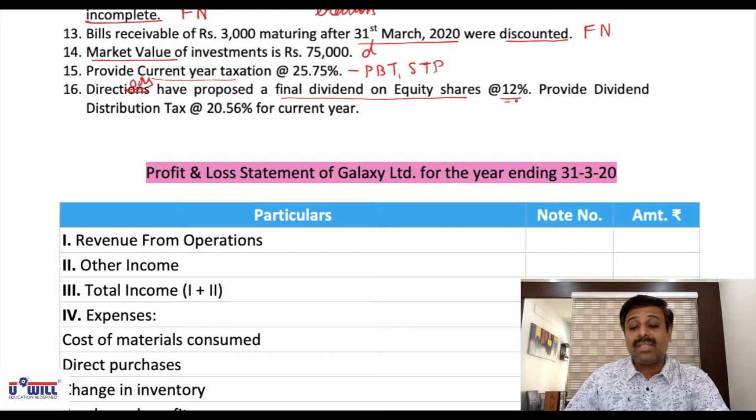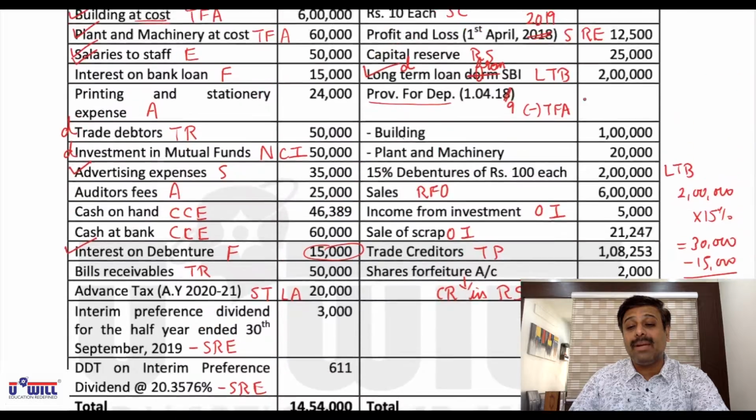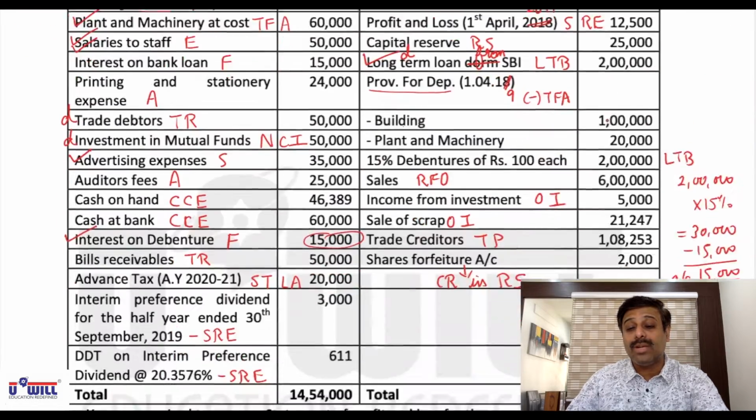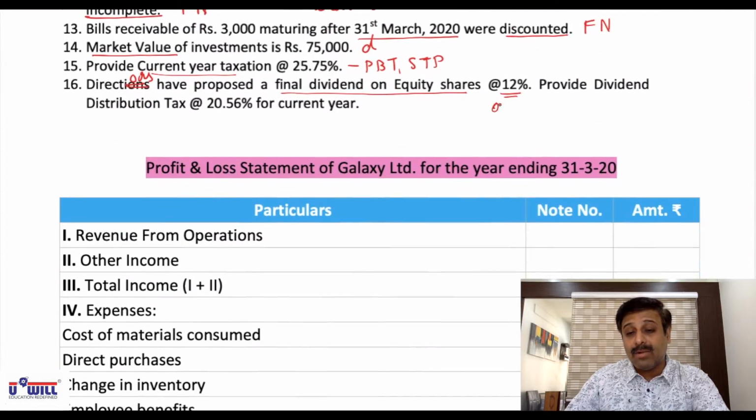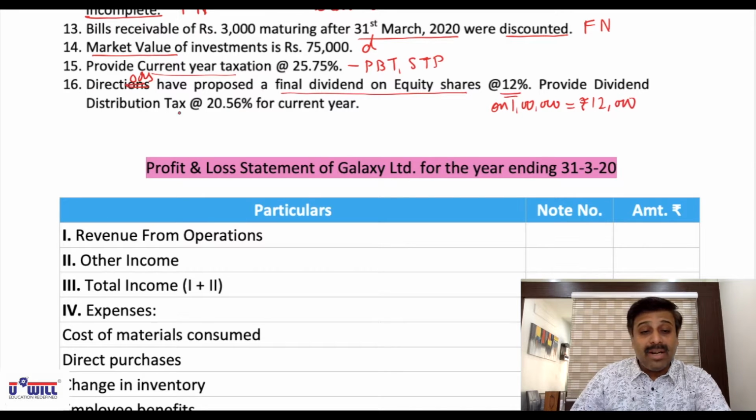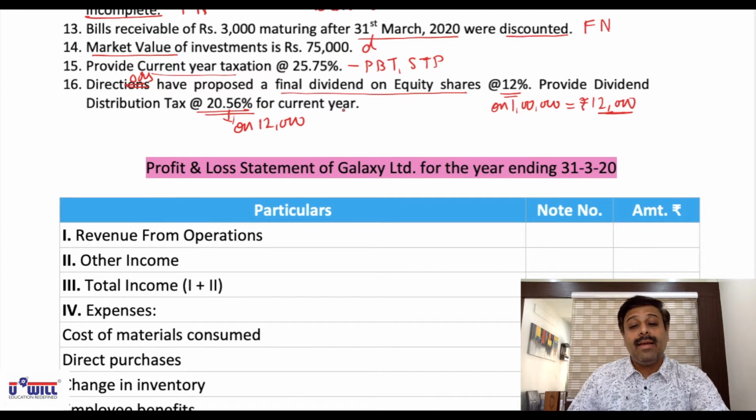So this 12% we will count on which amount? Share capital amount, that is 1 lakh rupees. Okay, 12% dividend will be counted on 1 lakh rupees, that will come to 12,000 rupees. And provide for dividend distribution tax at 20.56% for current year. This 20.56% we will count on dividend amount, which is 12,000. Okay, and both of them will come in footnote, contingent liabilities.